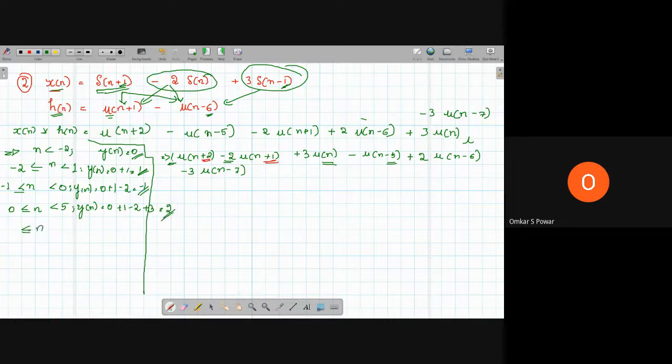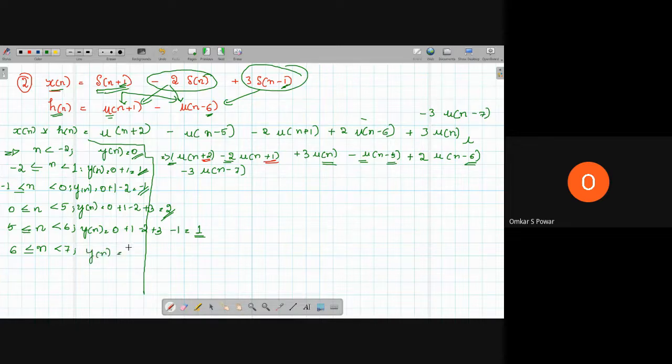Then n varies from 0 to 5 is over. So 5 to 6. Y of n is equal to 0 plus 1 minus 2 plus 3, and what's the magnitude here? Minus 1. So it is equal to 1. So now n varies from 5 to 6 over, 6 to 7. What is your y of n?